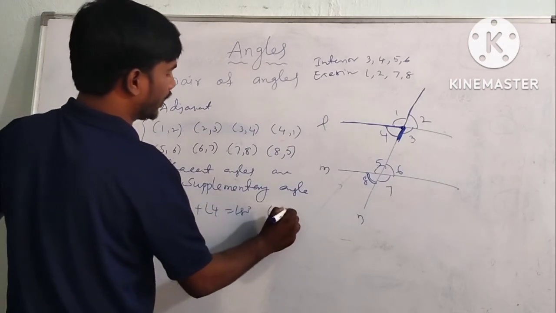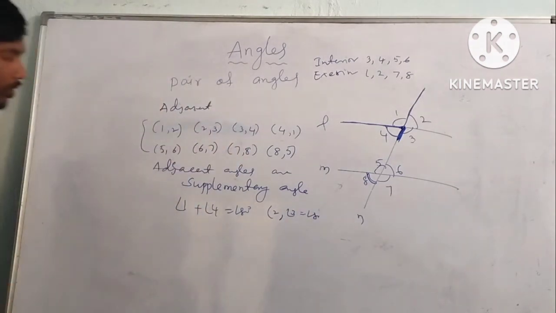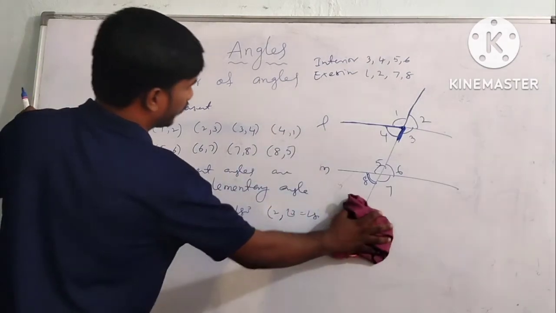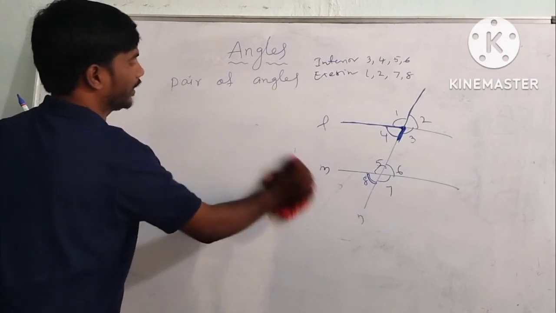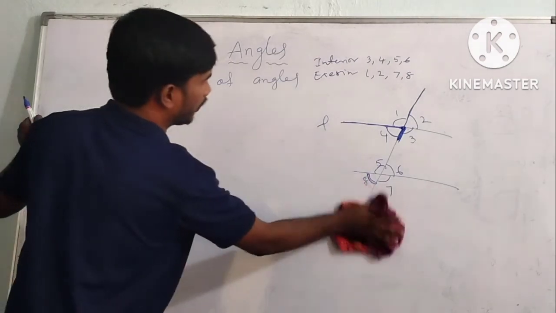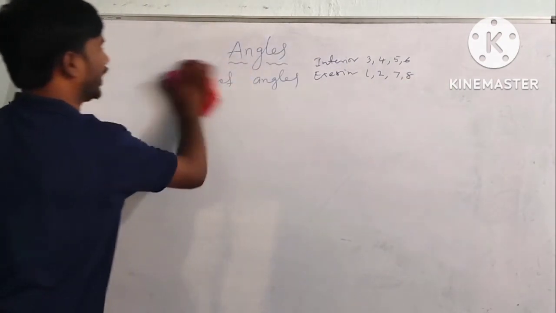Angle 2 plus angle 3 is equal to 180. Angle 1 plus angle 2 is equal to 180. Angle 1 plus 2, 2 plus 3, 3 plus 4, all of them equal 180 degrees. So this is the basic concept of pairs of angles.